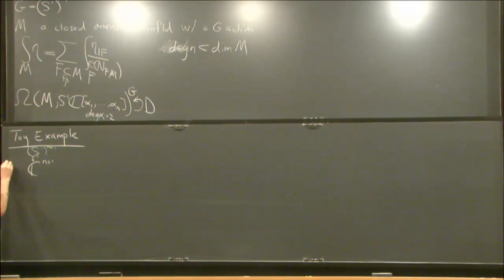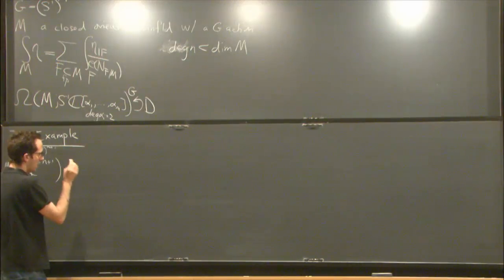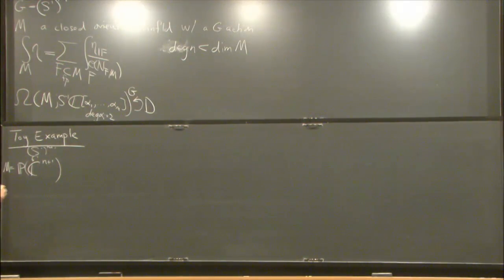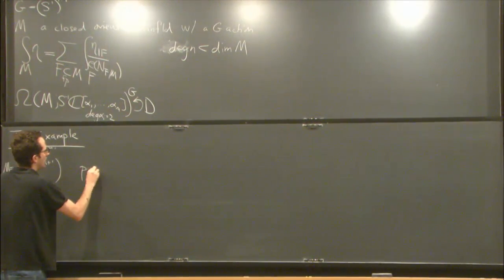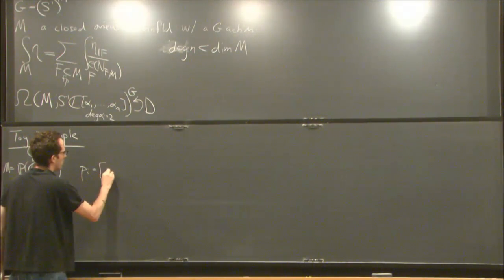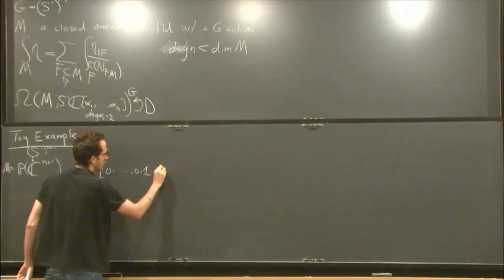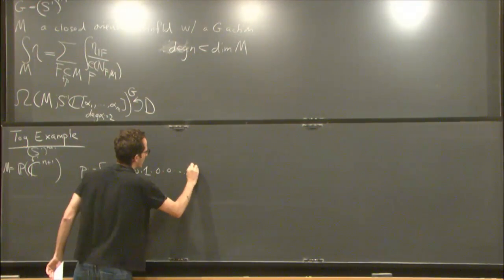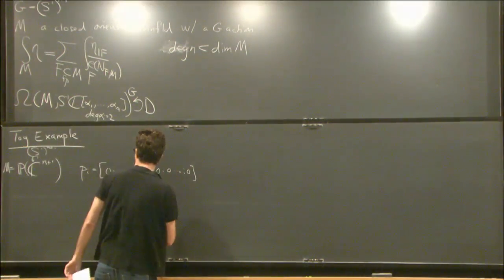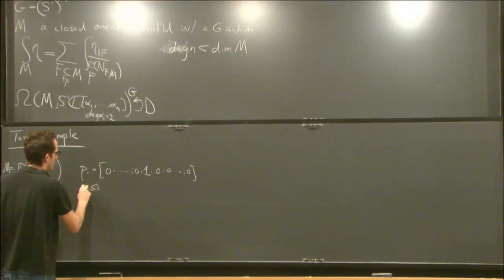And I'll take M to be the projectivization of this. So that's just CP^n with some torus action. This has n+1 isolated fixed points. So the ith fixed point in coordinates is obtained by just plugging in 1 at the ith coordinate. So this is for i going from 0 to n.